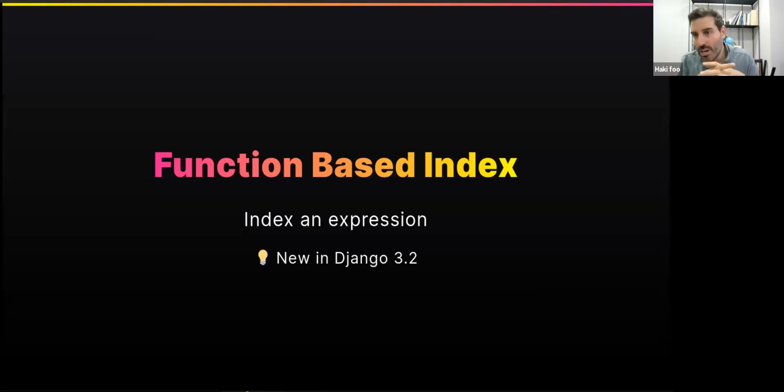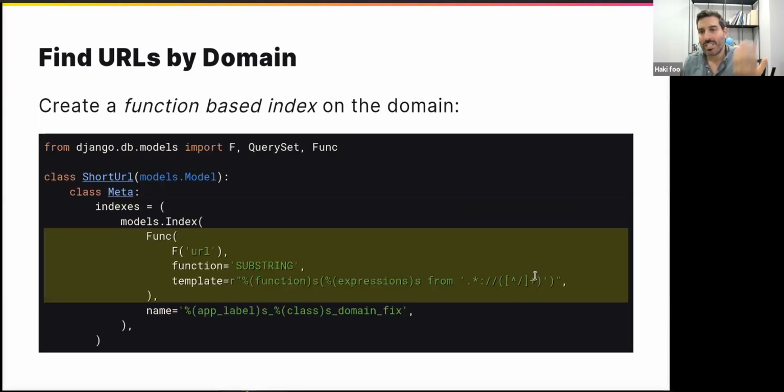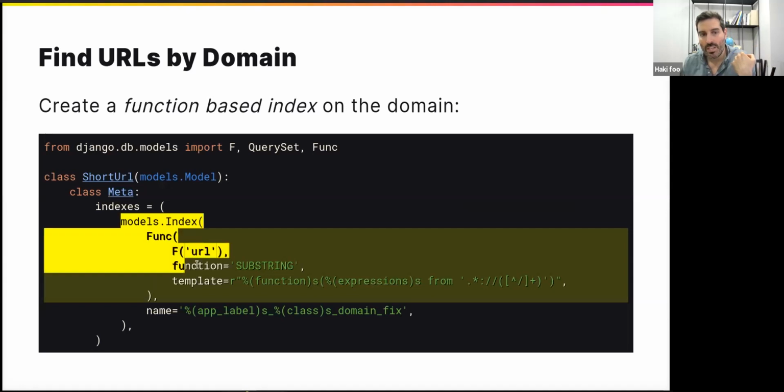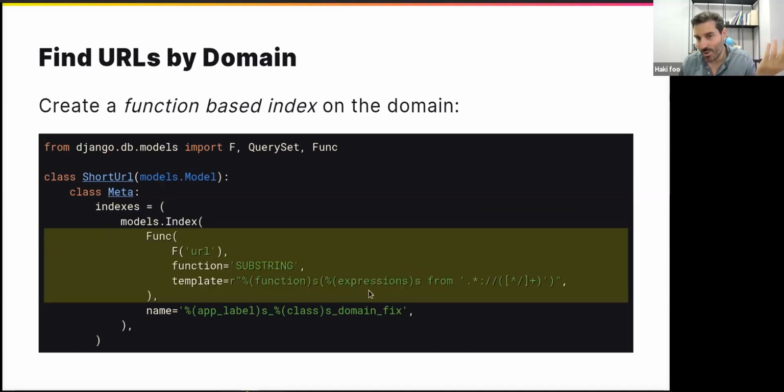So this is where another variation of B-tree indexes comes in handy, and that's function-based indexes, or as I like to call them, FBIs. And using function-based indexes, you can actually index an expression. So if we take the expression we used in the function before, and we feed that into an actual Django index, generate and apply migrations, Django will create an index that indexes this specific expression.